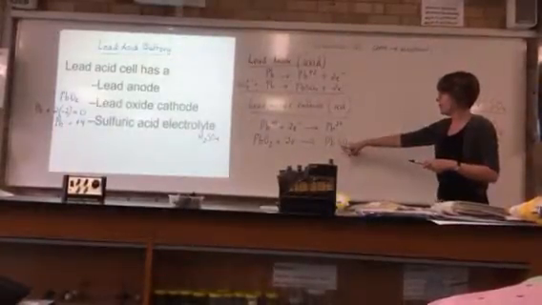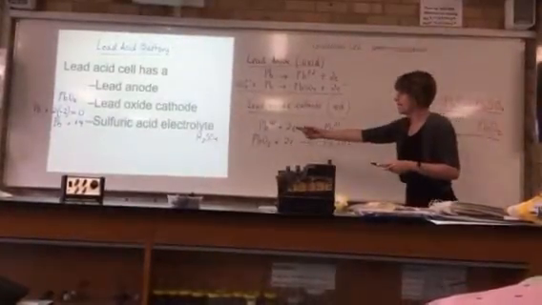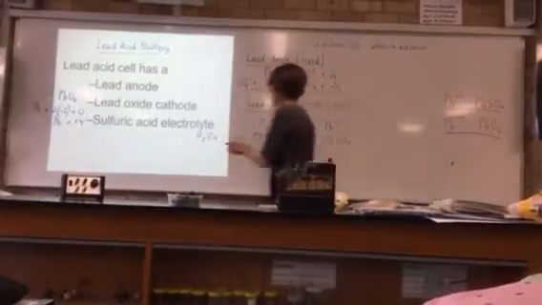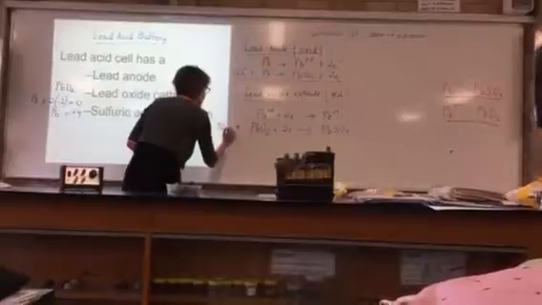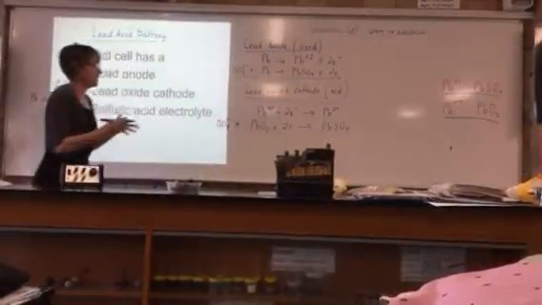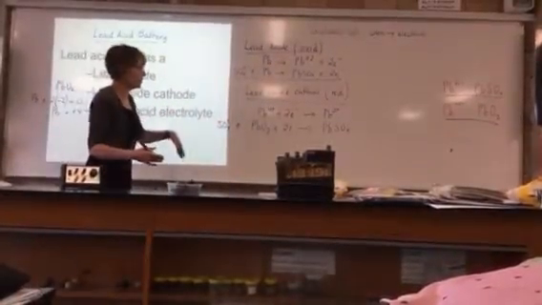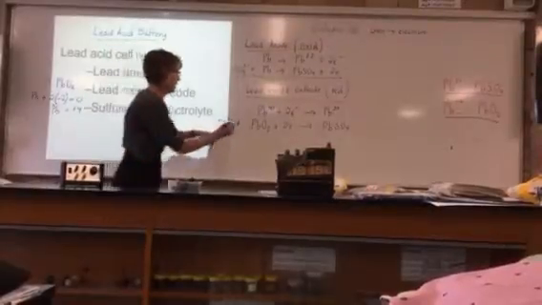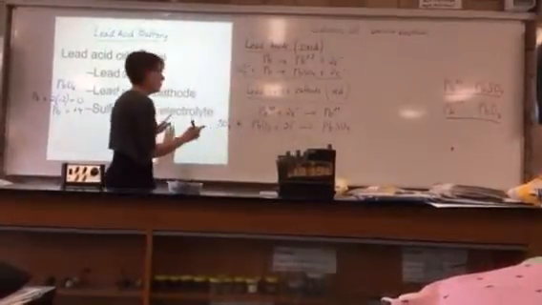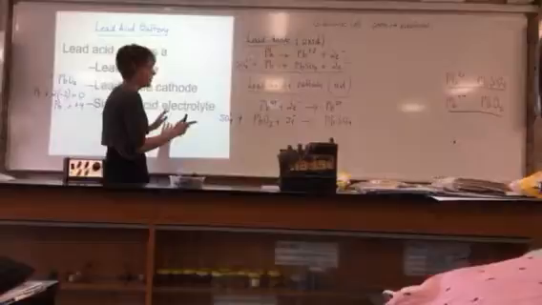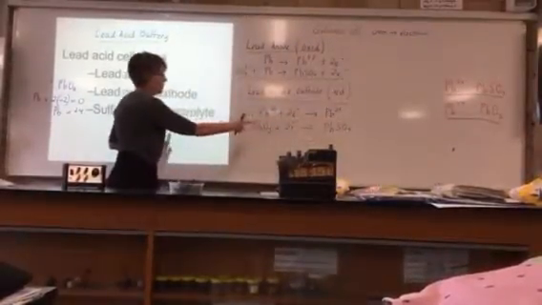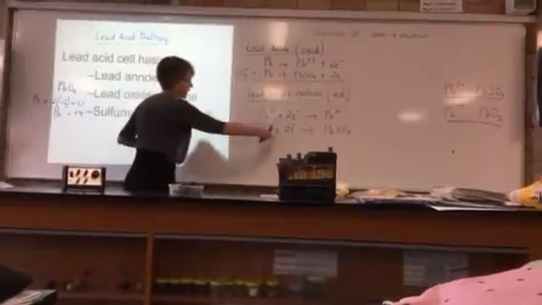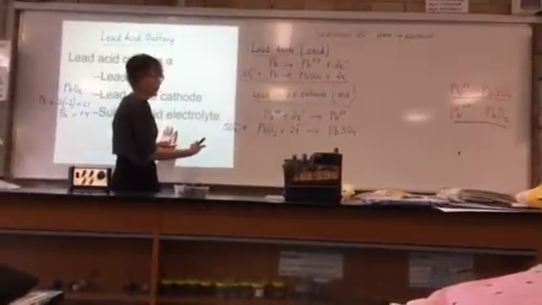Now we're not quite there with our reaction at our cathode yet for similar reasons. For example, we've got sulfur on this side, S, and none here. So again, I would need to be placing the sulfate ion over here as a species that it's around that has the sulfur in it. Now, at this stage, we've got a problem with charges, because this side of the equation is 0 charge, and at the moment, this side of the equation is a -4 charge.